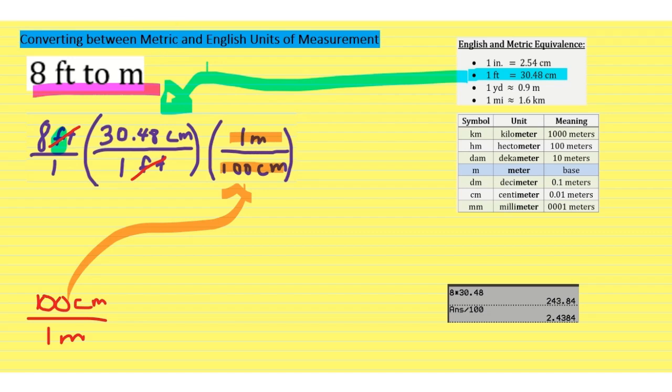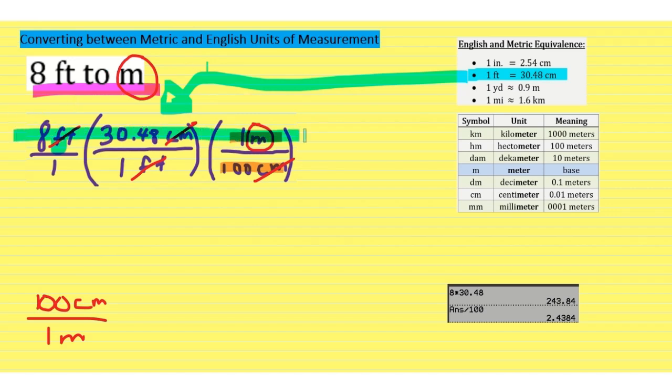And now I can cancel out my centimeters. Centimeters in the numerator, centimeters in the denominator. And now that I have everything canceled out except my meters, then that means I've reached my goal. Meters was the goal. So now I am going to multiply straight across the numerators, multiply straight across the denominators.